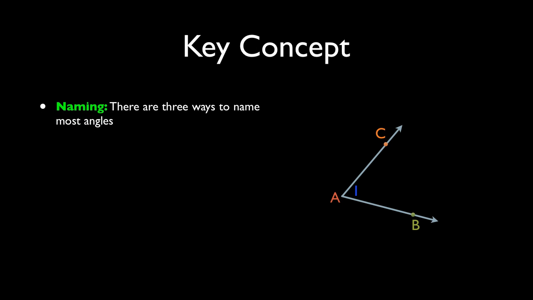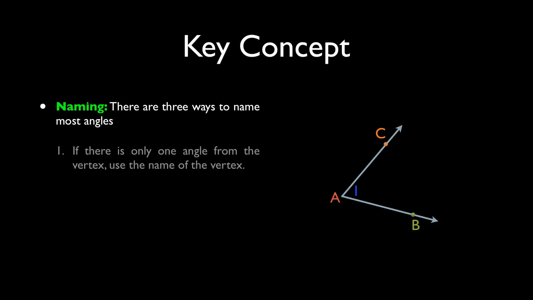To name an angle, we can do so in three different ways. The first way, if there's only one angle on the vertex, then we can use the name of the vertex. So in this figure, we can name it angle A. The second way is to use a point on each ray and the vertex.